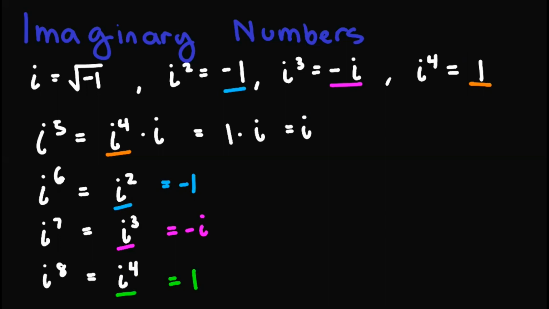So given this, note that we can actually get all powers of i, say i raised to n for all n, and return it back to just the form of i, or 1.